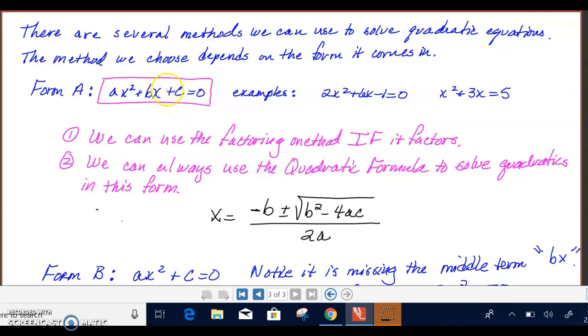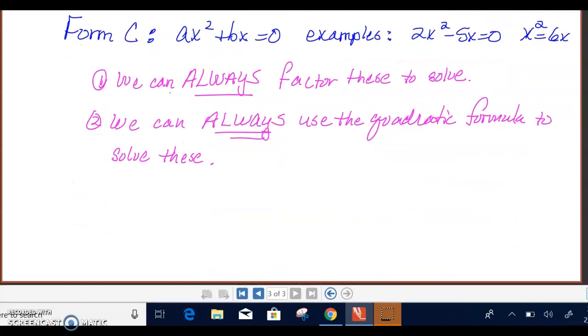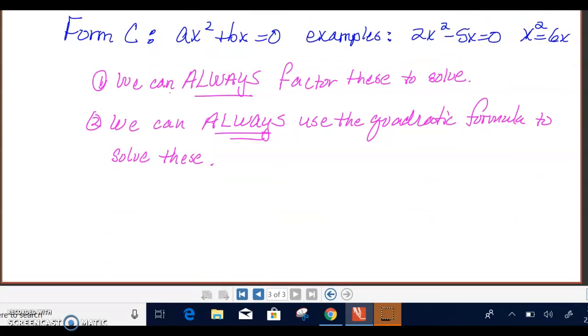If your quadratic is missing that last term, that c term, then for these you can always factor them. And for these you can always use the quadratic formula. So those would be your two choices for methods of solution.